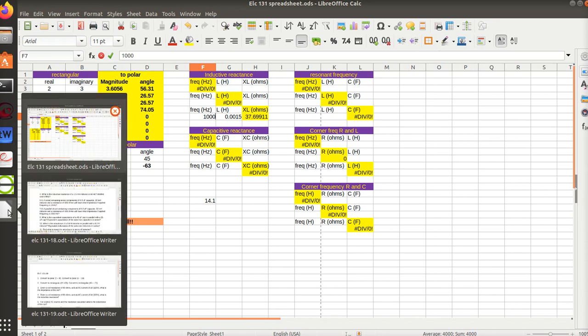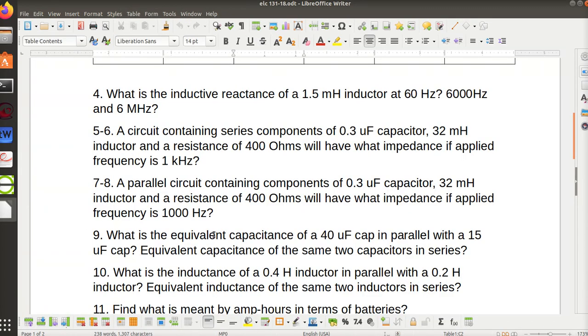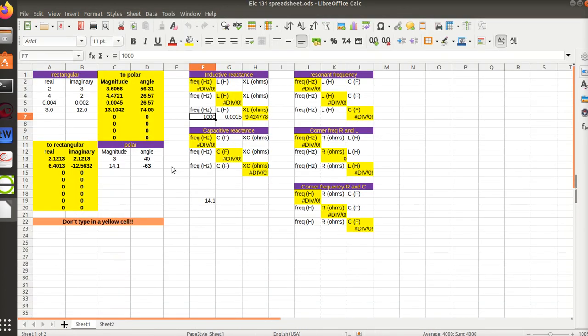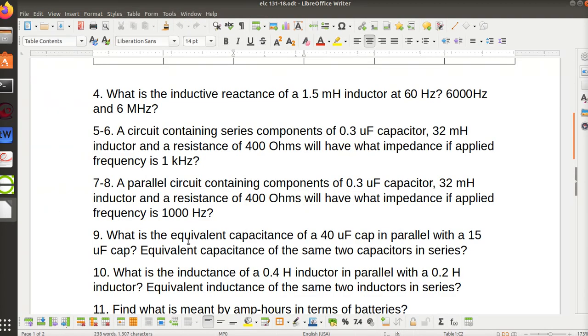Got to switch back and forth. 32 millihenries, so I want to get rid of the milli, so that'd be 0.032 henries. 0.032, enter. And what I've got is 201 for my XL for that problem. So I've got a resistor of 400 ohms. I've got an inductive reactance of 201 ohms.